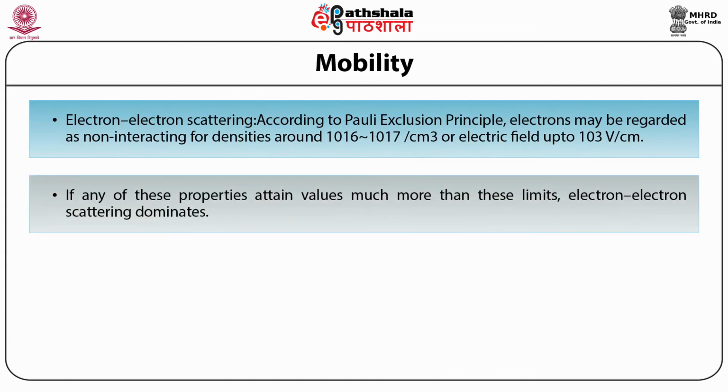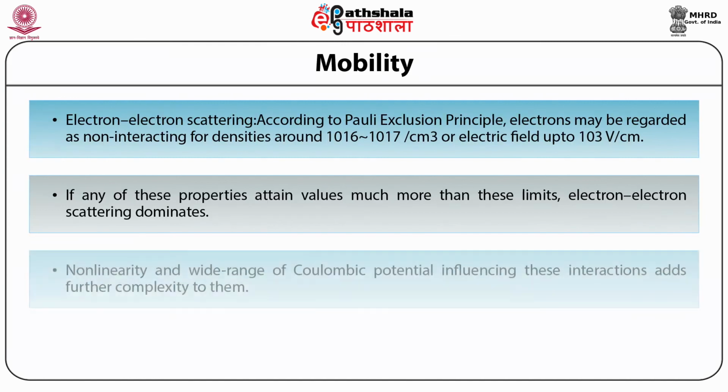If any of these properties attain values much more than these limits, electron-electron scattering dominates. The nonlinearity and wide range of the Coulombic potential influencing these interactions add further complexity to them.